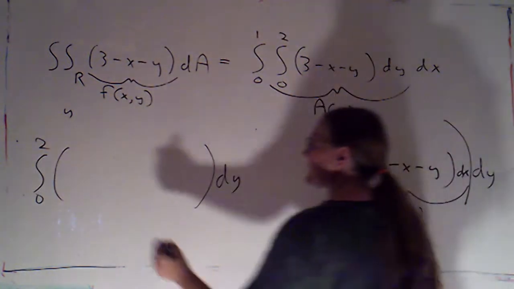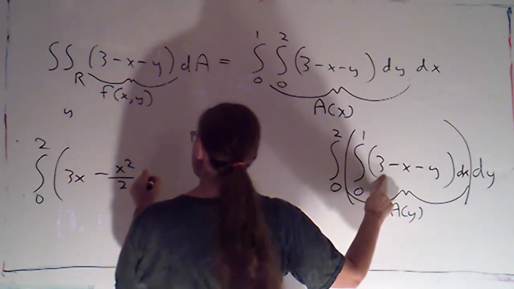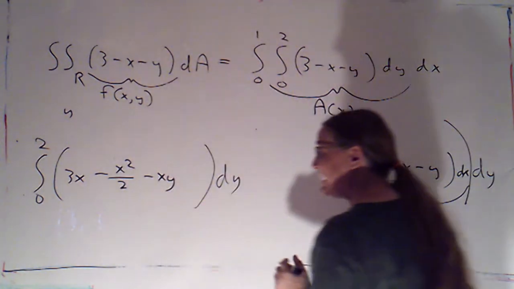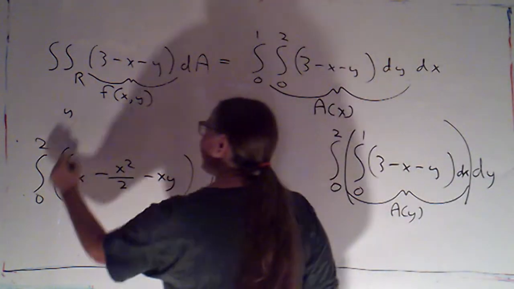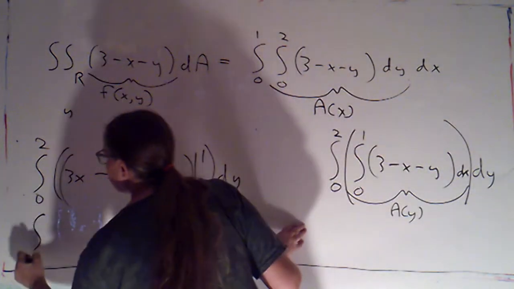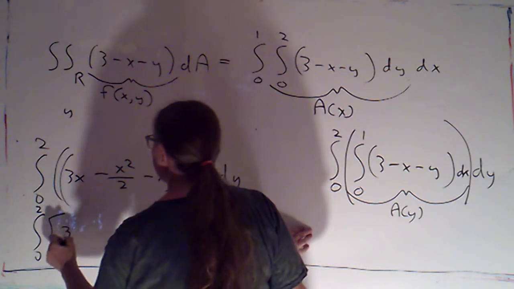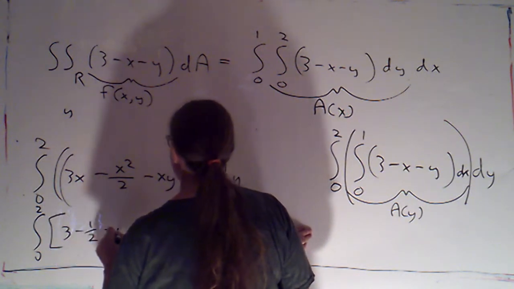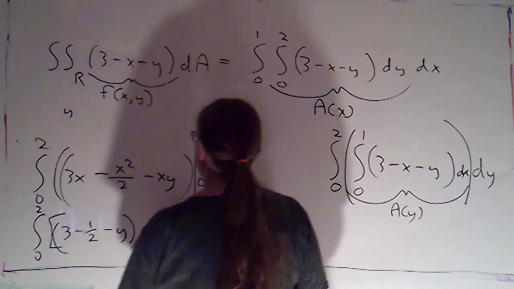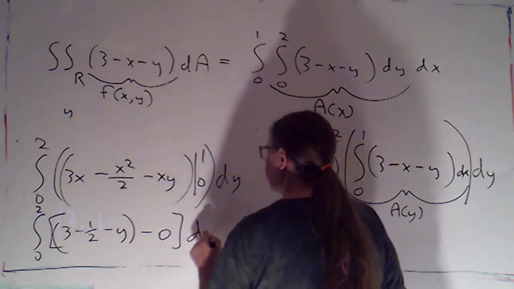So integrating with respect to x, I'm going to get 3x minus x squared over 2 minus xy. And that's evaluated between 1 and 0. So we've got the integral from 0 to 2 of, when I plug in 1, I'll get 3 minus 1/2 minus y. And when I plug in 0, since there's an x in every term, I just get 0.